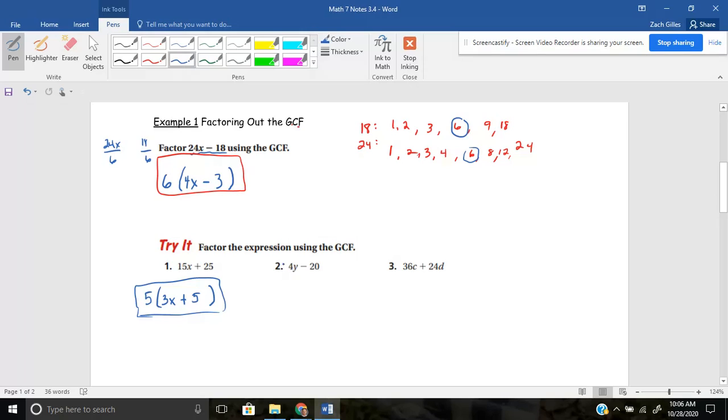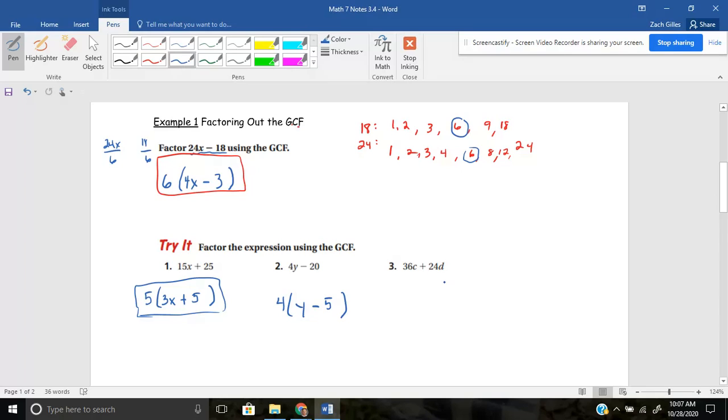Factoring out the greatest common factor from here, 4 would be my GCF. 4y divided by 4 is just 1y, minus 20 divided by 4 is 5.